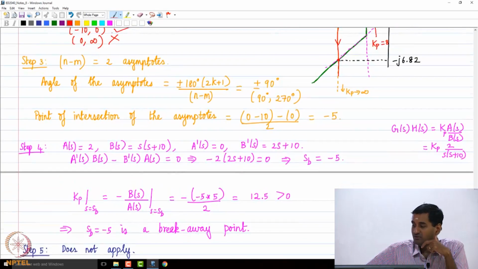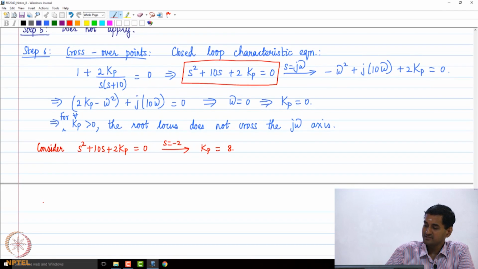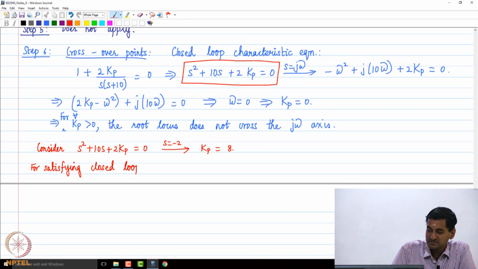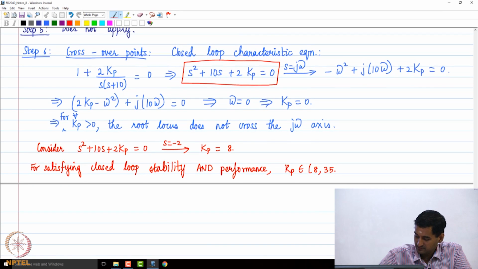So what I can conclude is that for satisfying closed loop stability and performance, Kp should be in the region 8 to 35.76.